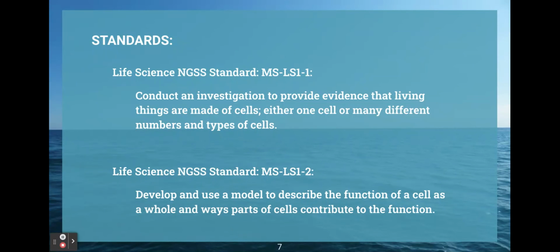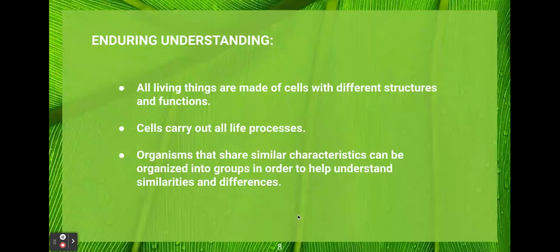The standards are the two middle school life science 1 and 2, conducting an investigation to provide evidence that living things are made of cells, and then to develop a model to describe the function of those cells. The enduring understanding is that all living things are made of cells with different structures and functions.